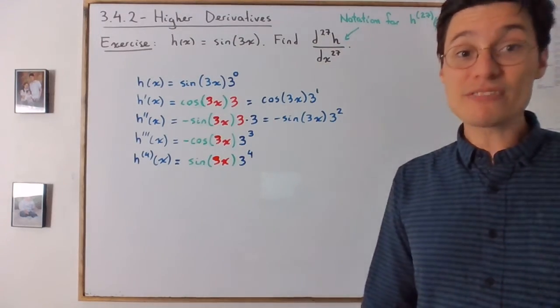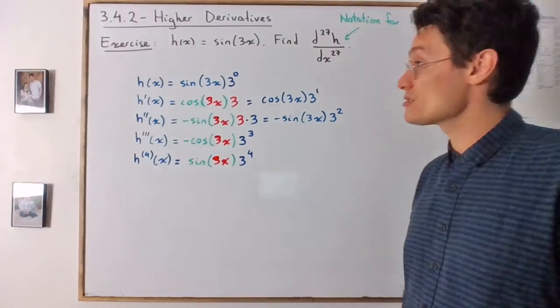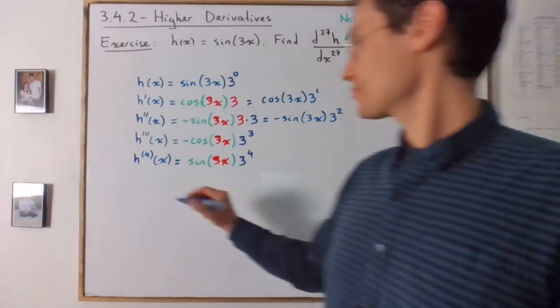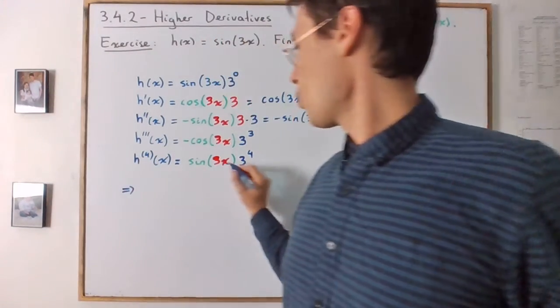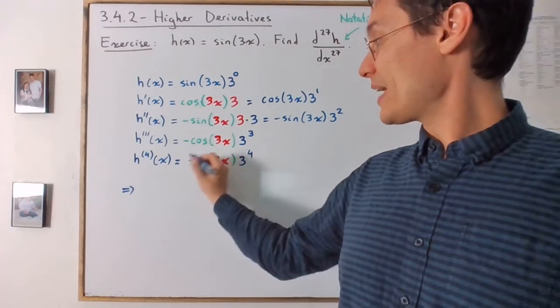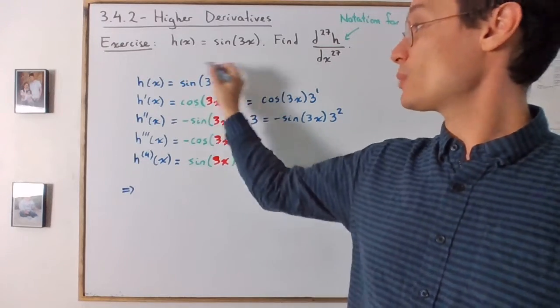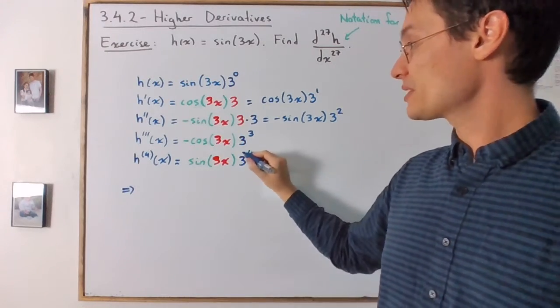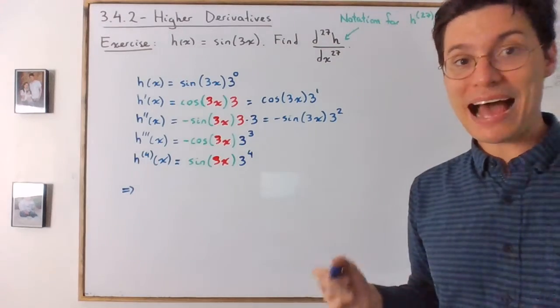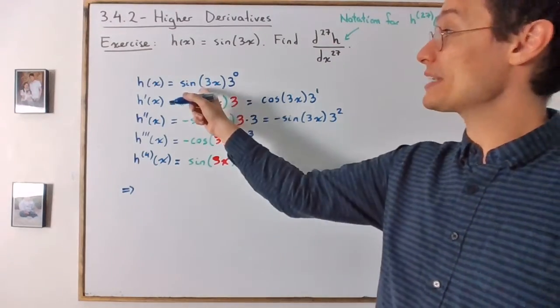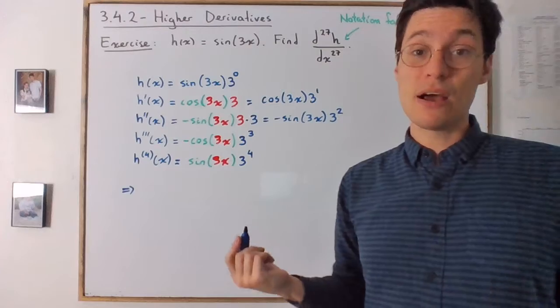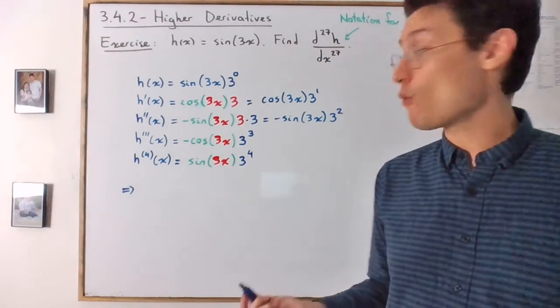And here's the magic trick. What you should notice is that we have the same function that we had at the beginning, but taking 4 derivatives has the effect of just multiplying the function that we had at the beginning by 3 to the power of 4.